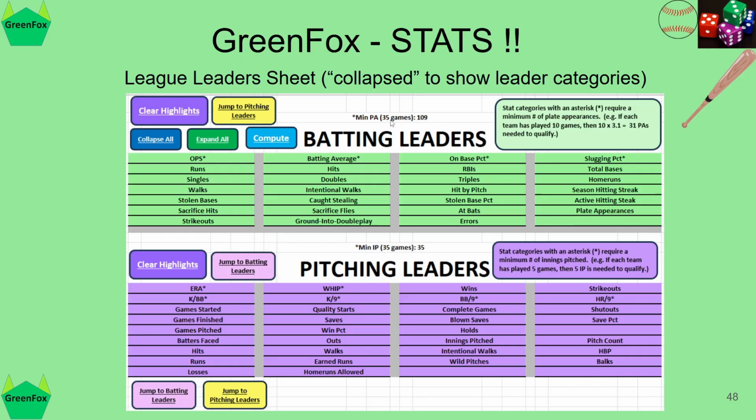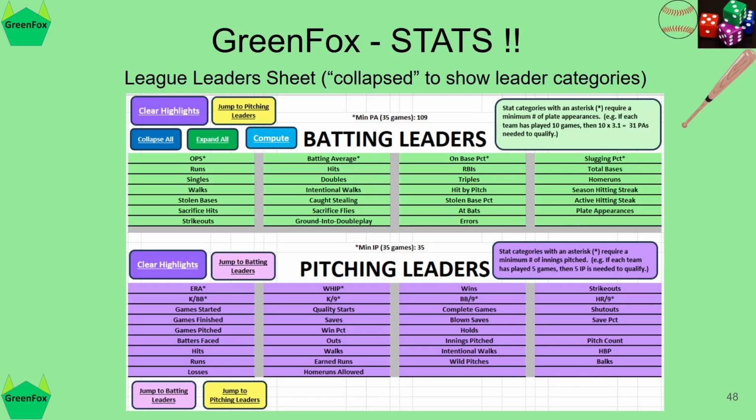In this example, each team was using 35 games, and 35 times 3.1 gives 109 plate appearances required to qualify for the batting average title and such. Similarly, for whatever your minimum number of games is, that's how many minimum innings pitched you need, I believe.